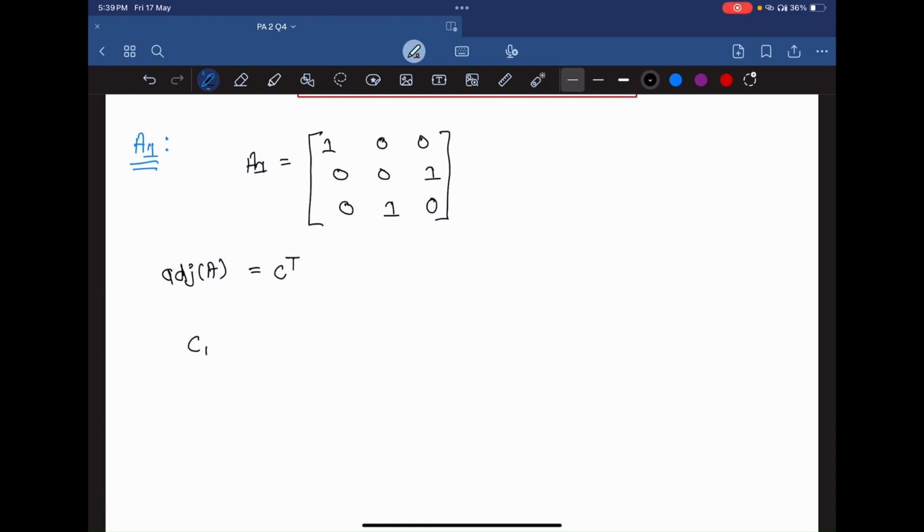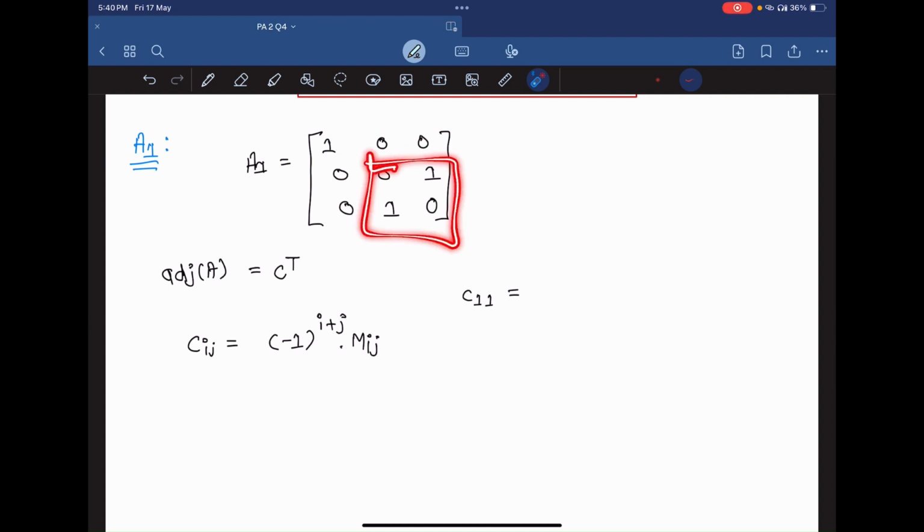For calculating the cofactor, we use the formula minus 1 power i plus j times the minor at the ijth entry. For example, if we are calculating the cofactor at the 1/1th entry, then we will eliminate the first row and first column. We'll get the sub matrix.